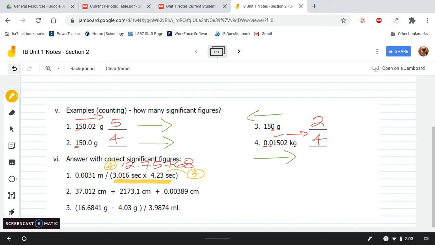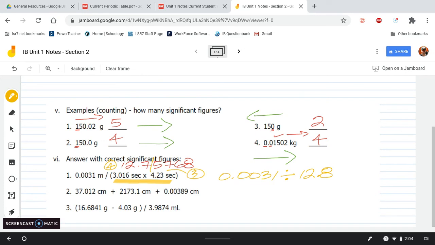So what I would do is I'd take 12.75768 and round it to 3 sig figs. Well, if we're rounding to 3 sig figs, it's going to be 12.8. So now my second problem I'd have to do would be 0.0031 divided by 12.8, because the 5 rounded me up.